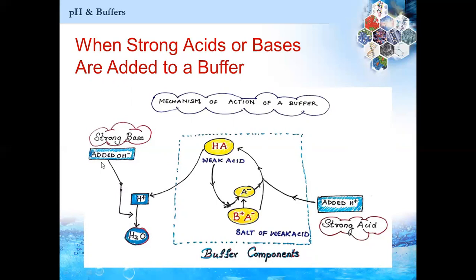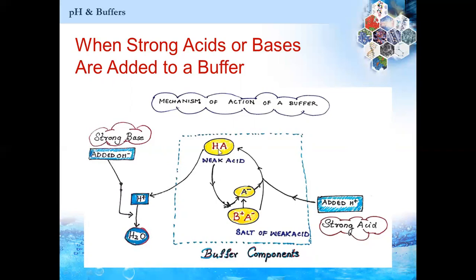Now, on the other hand, when a strong base like NaOH, sodium hydroxide, is added, the added OH- ions will be neutralized by the protons which come from the weak acid component of the buffer. So a weak acid, which is a component of the buffer, now dissociates as H+ and A-.